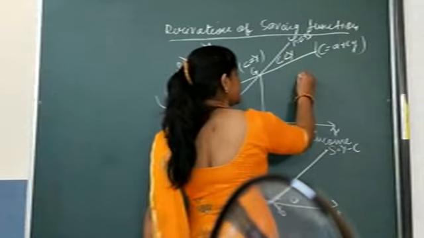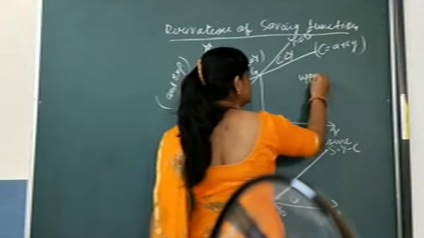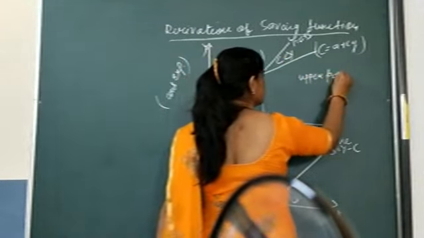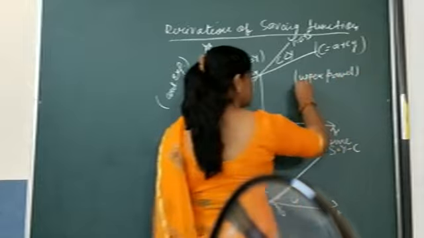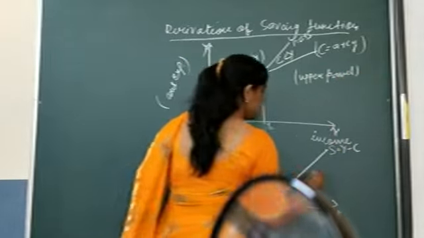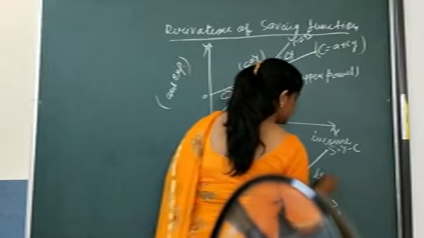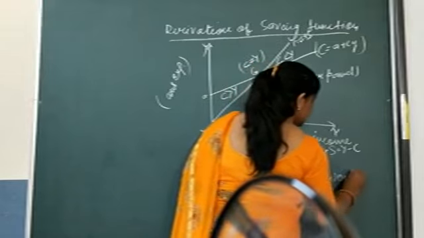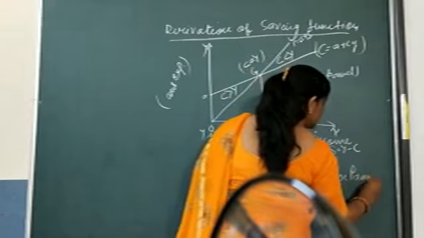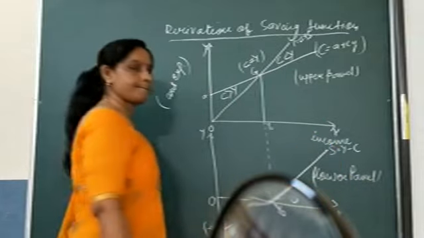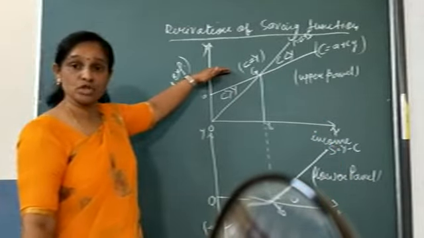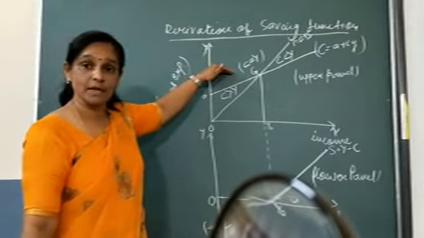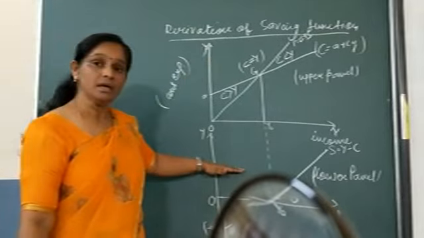This we consider as the upper panel of the diagram. This we consider as the lower panel of the diagram. Okay, and this is the consumption function, and with the help of consumption function we are deriving the saving function.